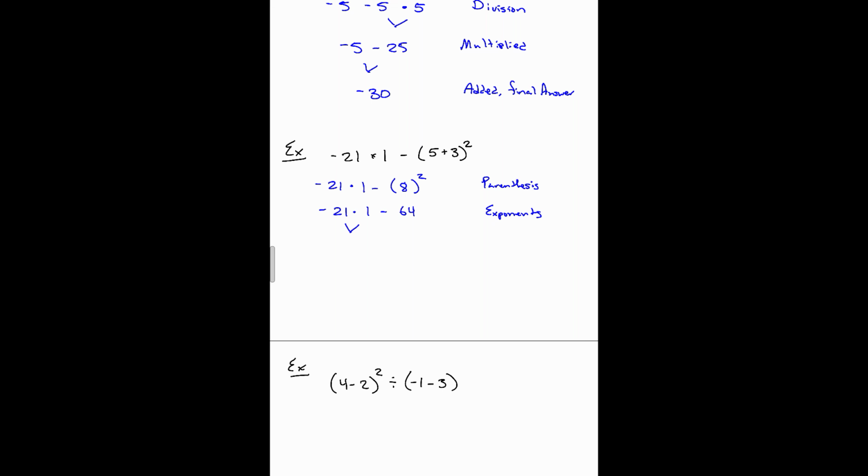So negative 21 times 1 would be a negative 21, and then minus 64. And then now we have two numbers with the same signs, so we add them and keep the common sign. So negative 21 minus 64, well, that would be a negative 85 for a final answer.